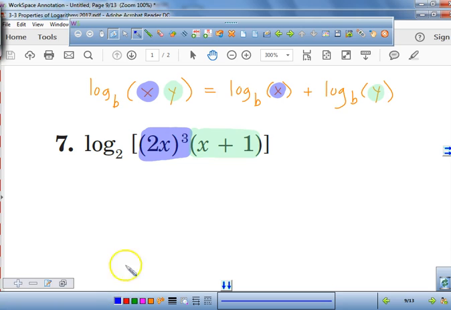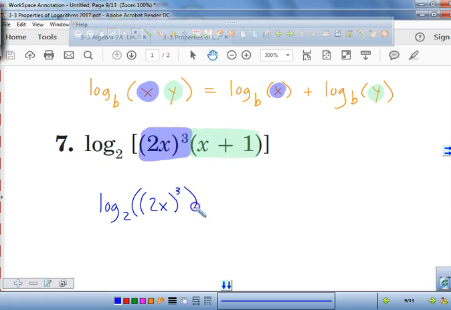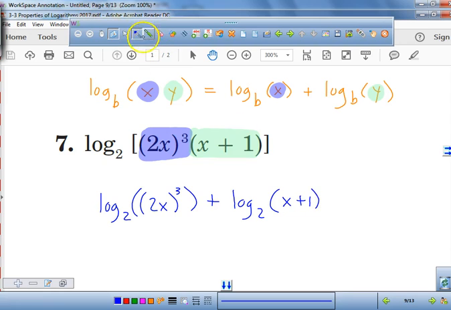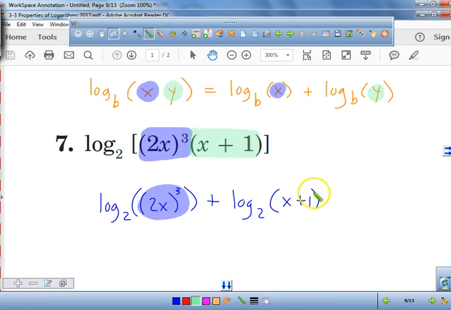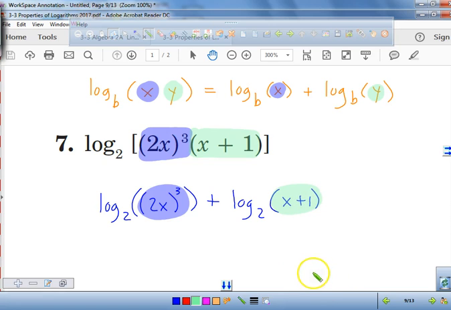So if we wanted to separate it correctly, we would write log base 2 of, I'm going to put also in parentheses, 2x cubed plus log base 2 of x plus 1. So the 2x cubed is right here, the x plus 1 right here. So we use the product property to separate those, to expand it.